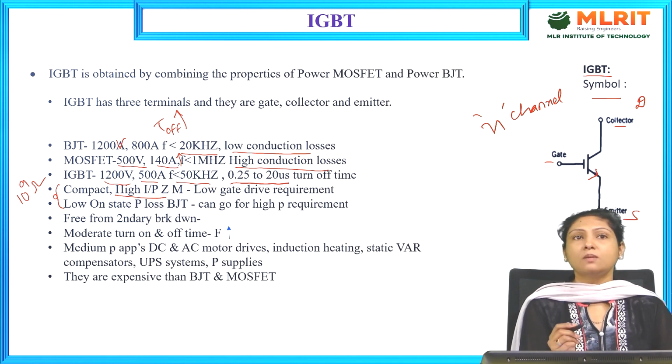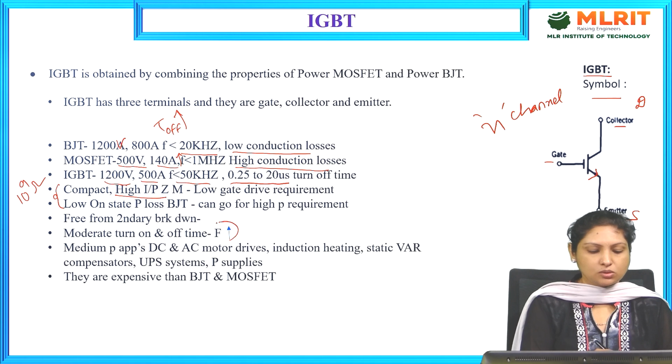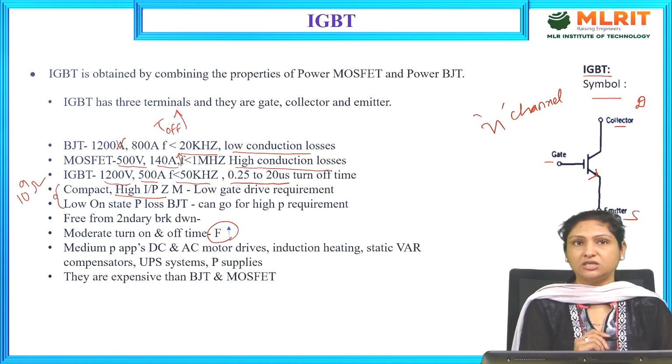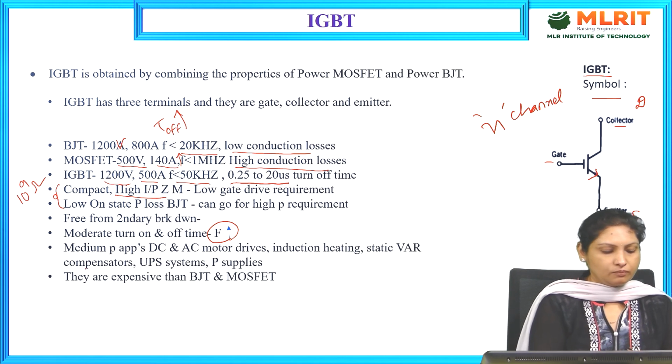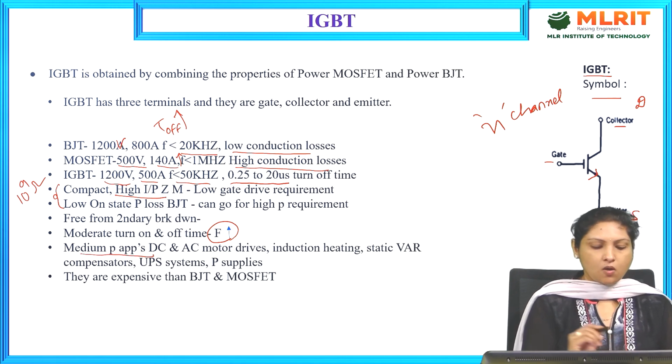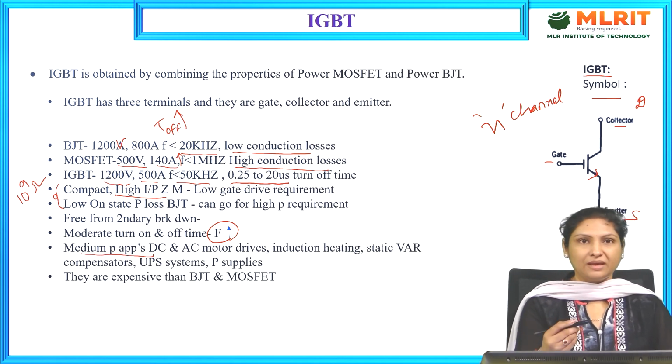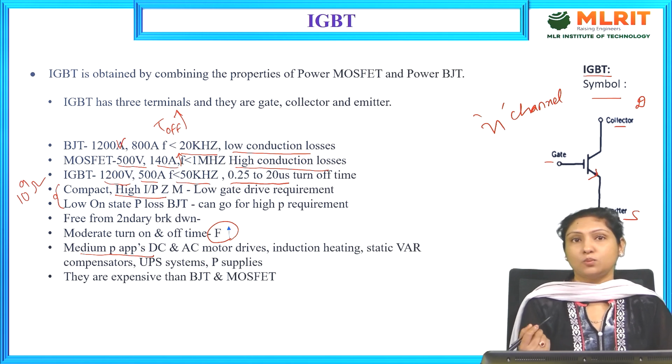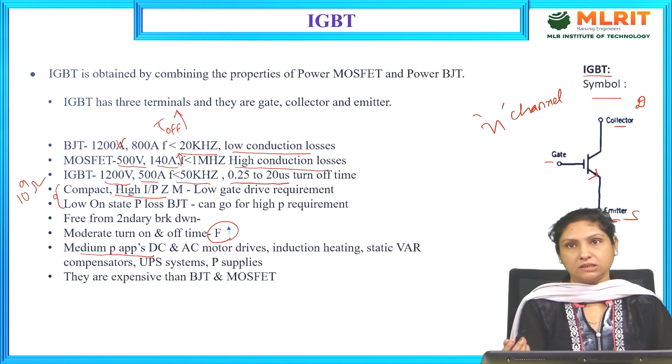And it has moderate turn on and turn off time. So that is the reason we make use of this particular IGBT in medium power applications. We can make use of these IGBTs in DC motor as well as AC motor drives, in induction heating and static VAR compensators, and UPS, uninterruptible power supply systems, and power supplies.